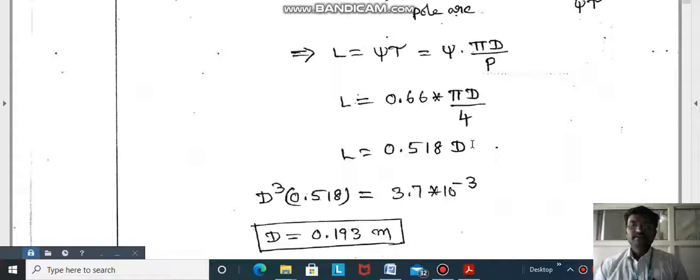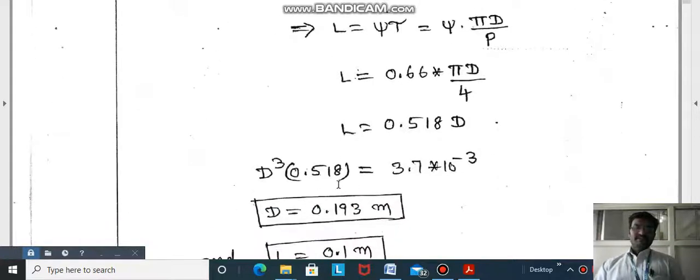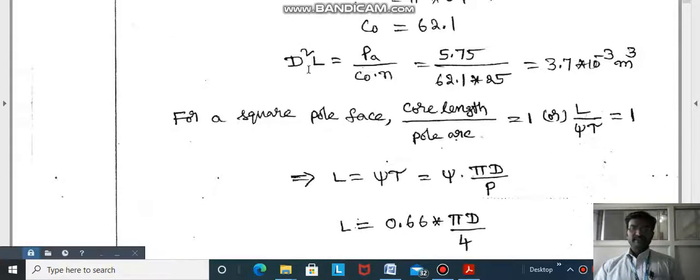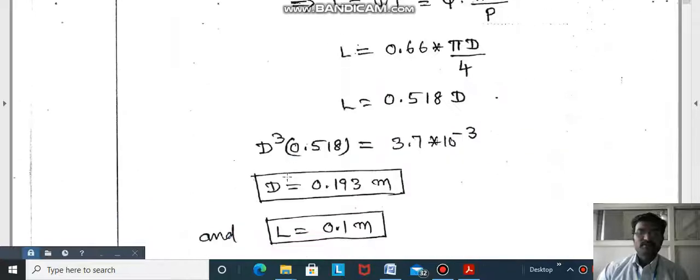Okay, if you simplify this one, d cube, we are substituting the values in the particular equation. We'll get d cube into 0.518. Here, instead of L, we are going to substitute the value of d. So 0.518 d, so d square L d is there.